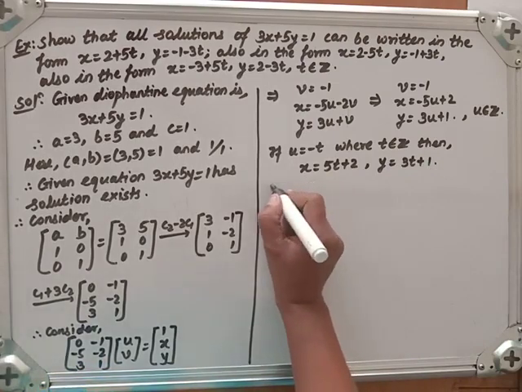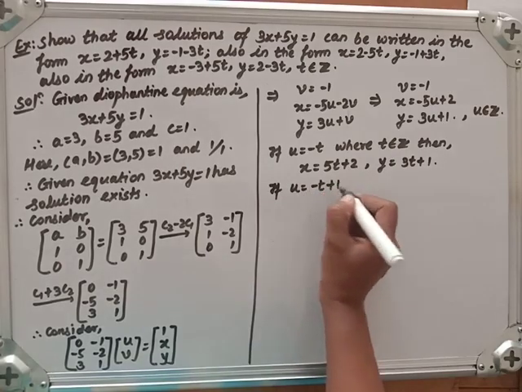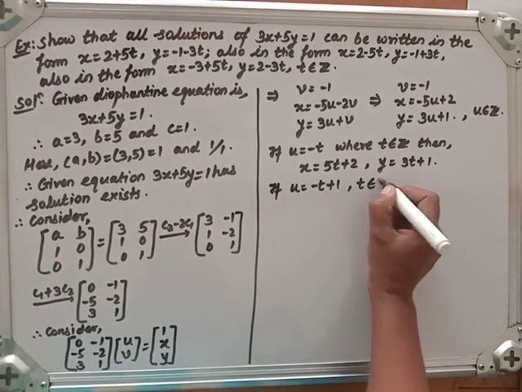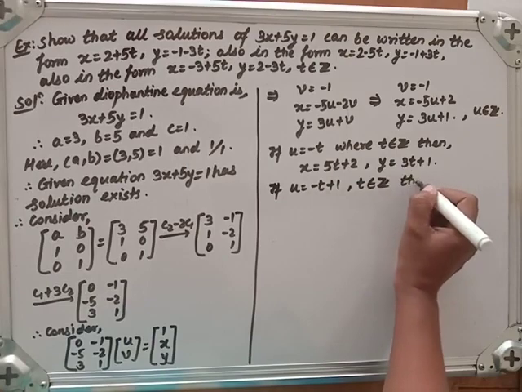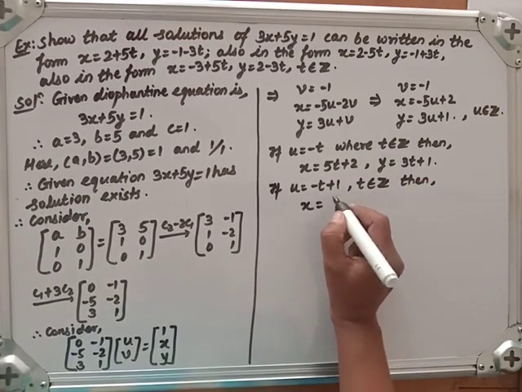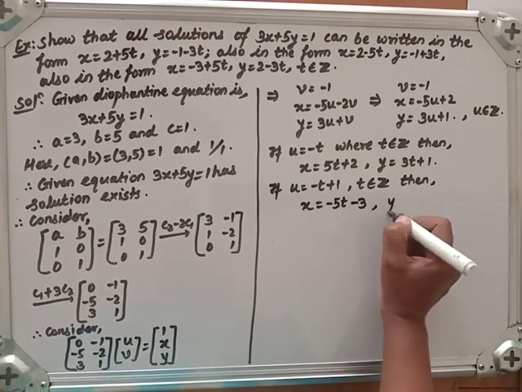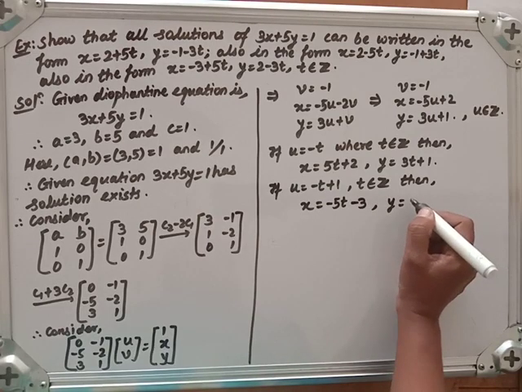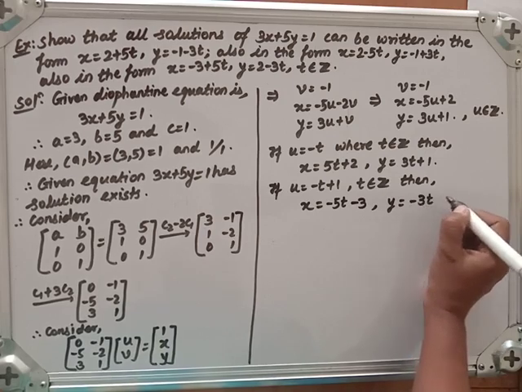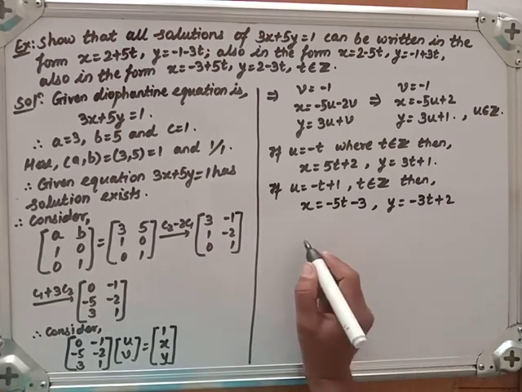Okay. If u is minus t plus 1, t is in Z, then x is minus 5t minus 3, and y is, what is y? Minus 3t plus 2.